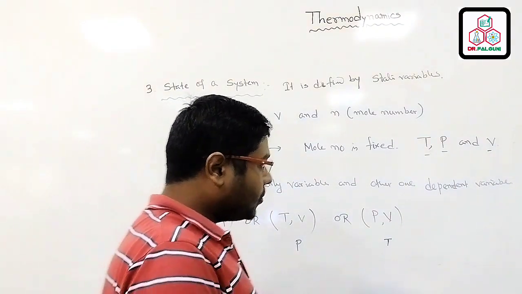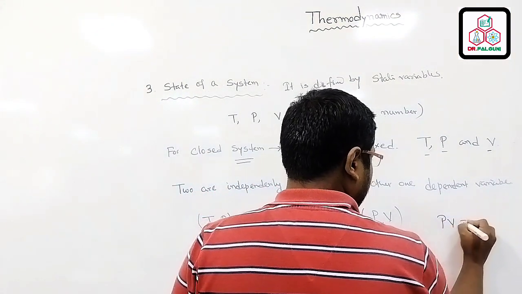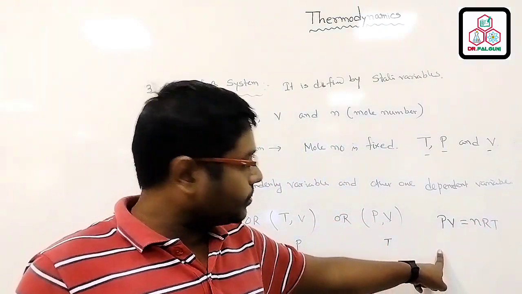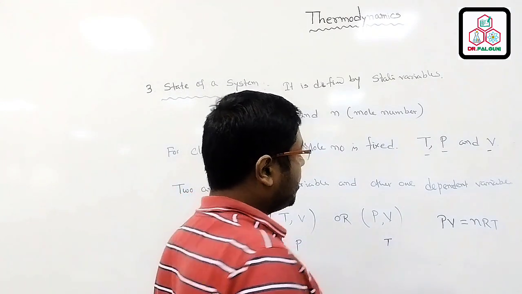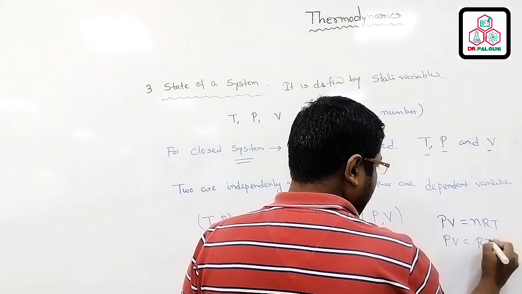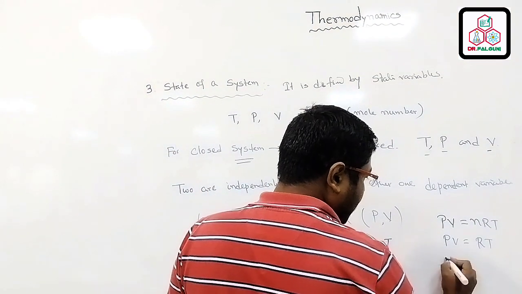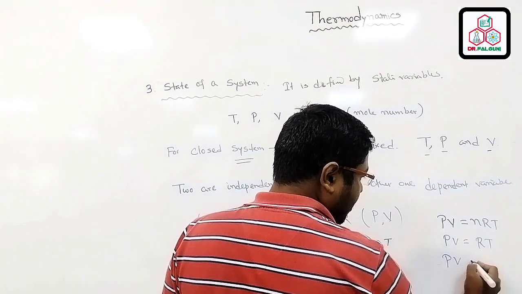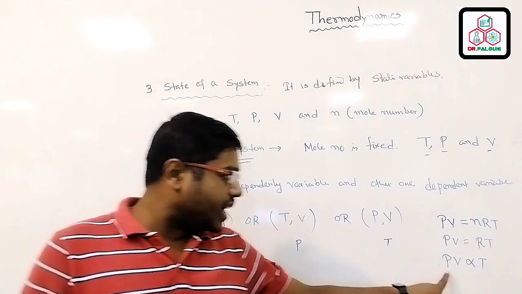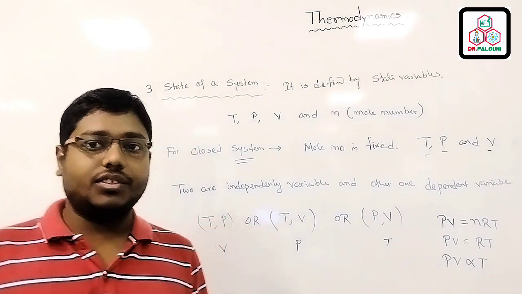If you take the equation PV is equal to nRT, it is the ideal gas equation. For 1 mole of gas, PV equals RT. R is the universal gas constant. If you remove this R, you can say PV versus T. So if you change P and V independently, T automatically changes.